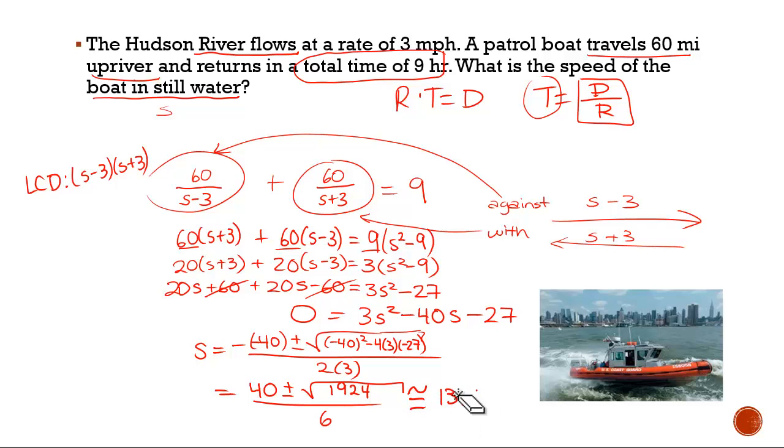So that's actually approximately 14 miles per hour. Or, let's see what happens when we go 40 minus root 1924 and then divided by 6. Well, we get a negative 0.6. So we have to reject the negative, and so that way we're just left with 14 miles per hour.